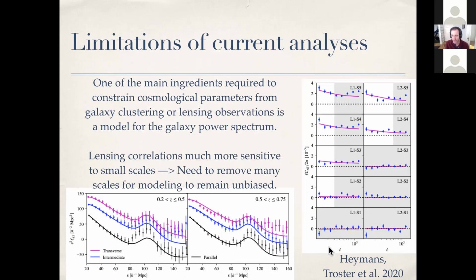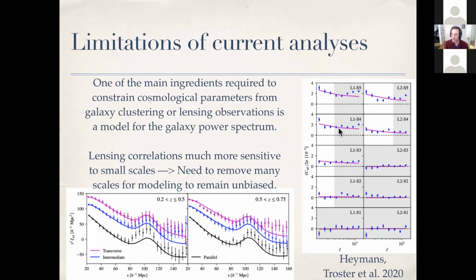So now I've switched to harmonic space again. Larger scales are on the left and smaller scales are on the right. And these are just a bunch of redshift bin combinations. But these lensing cross correlations are much more sensitive to the small scale nonlinear physics of the matter distribution.